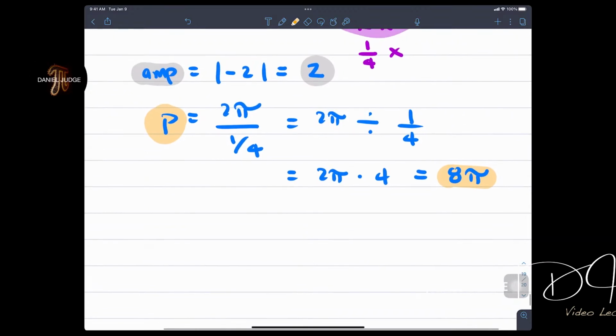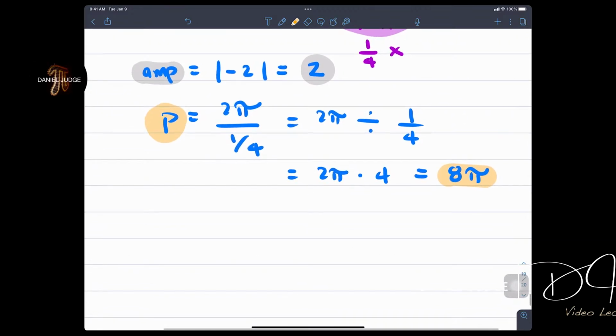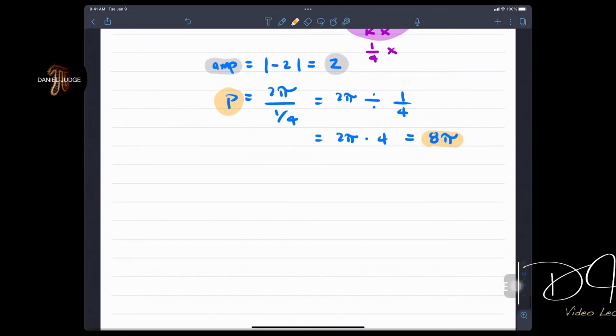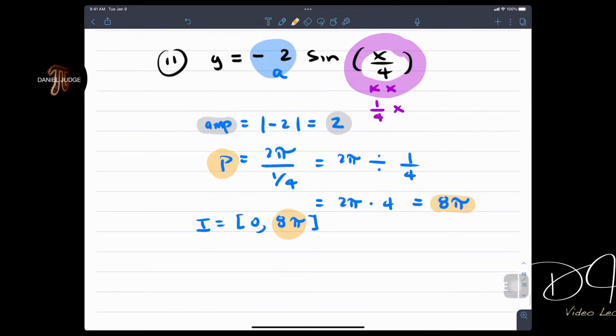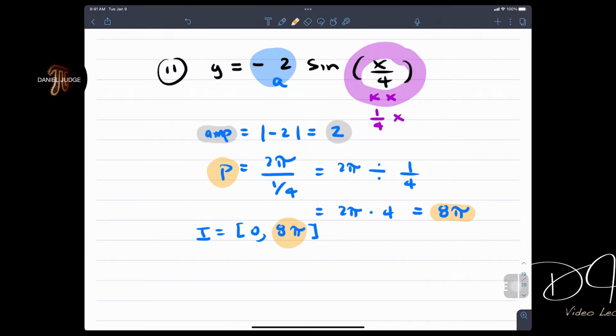Period is 8 pi. So the interval of one cycle now is going to become, you start at 0, you end at 8 pi. All right, there you guys go. Okay. Easy peasy, lemon squeezy.